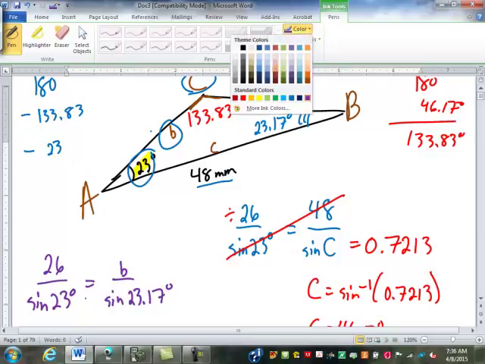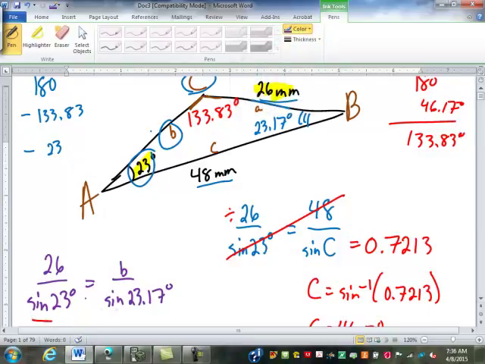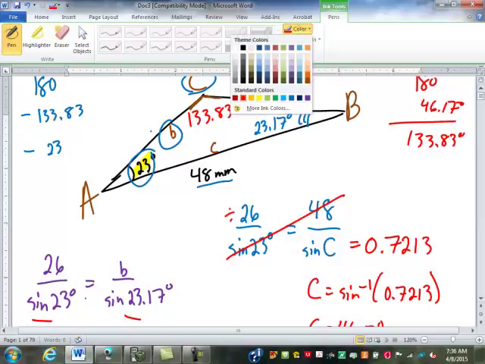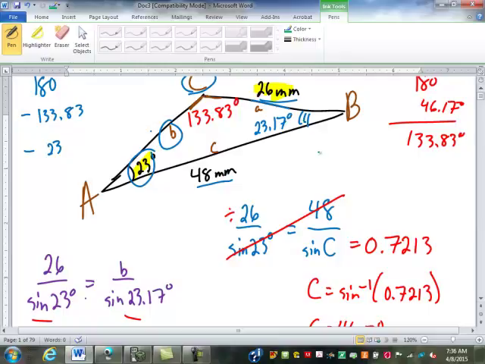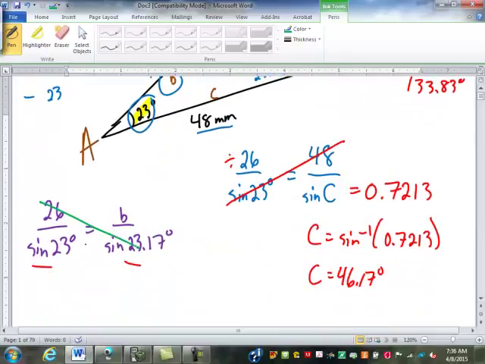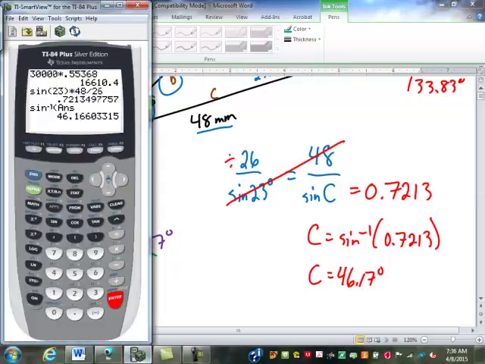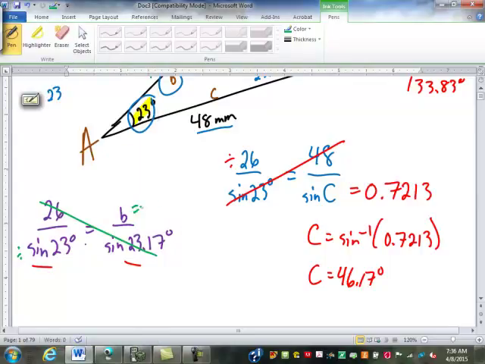23.17 degrees. Now as you look at this, you should notice those two angles are really, really close to the same, which means the length of these opposite sides should be really close to the same. So 26 times the sine of 23.17 divided by the sine of 23 should be just barely larger than 26, and it is 26.11.